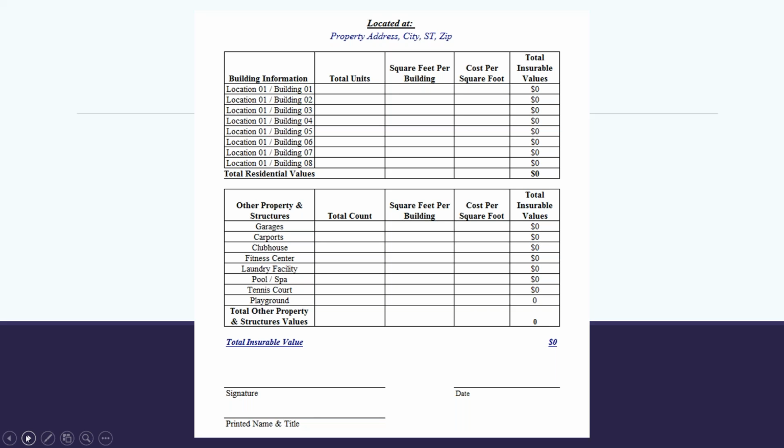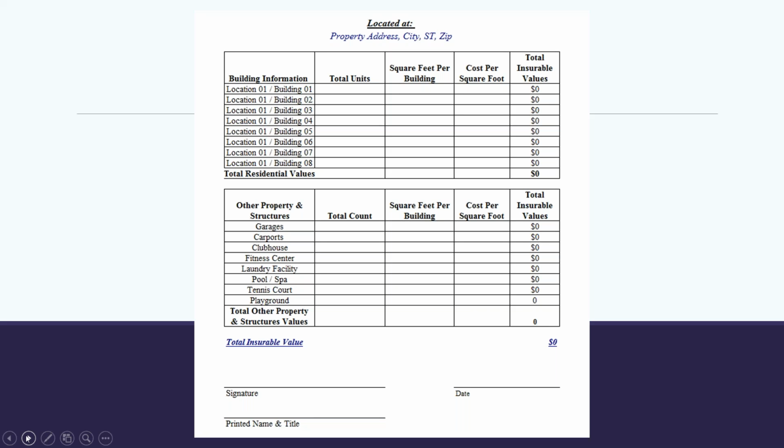Right, and the interesting thing about this, Michelle, is that you're asking only for property values. I don't want anybody to be confused when you look at the other property and structures, you'll see things like a pool, a tennis court, a playground. All of those things have property components, if there could be property damage to those due to a peril.